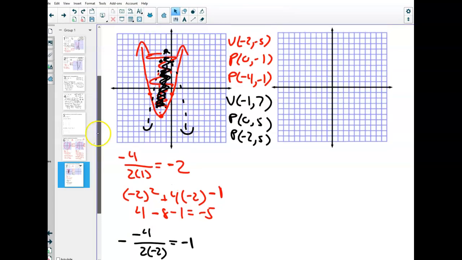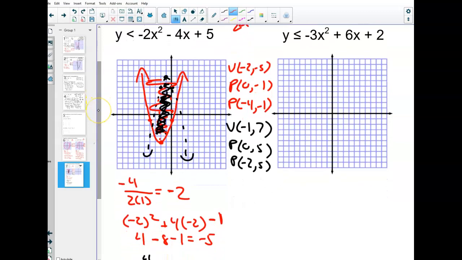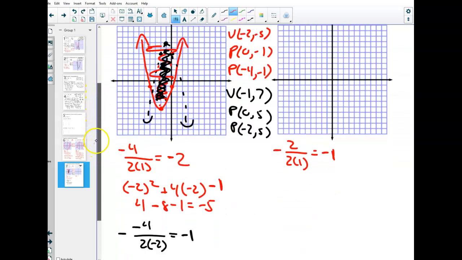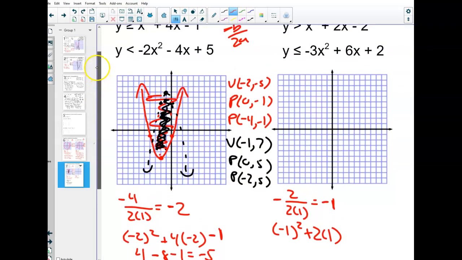Second one, same deal. My vertex, negative b over 2a. So we have 2 over 2 times 1. And it's always a negative in front of that fraction. So that ends up being a negative 1. Negative 1 squared plus 2 times 1 minus 2.